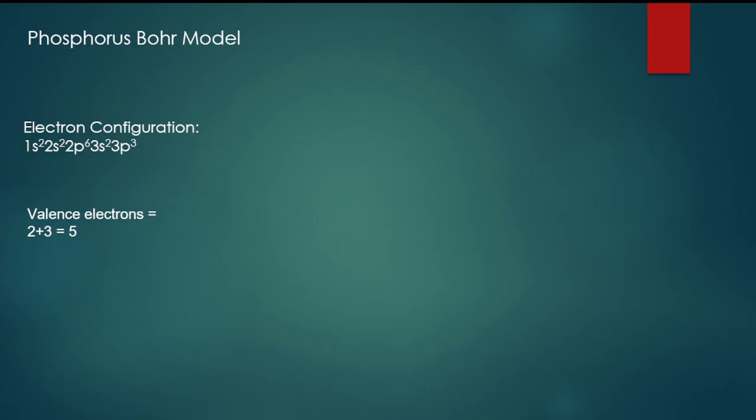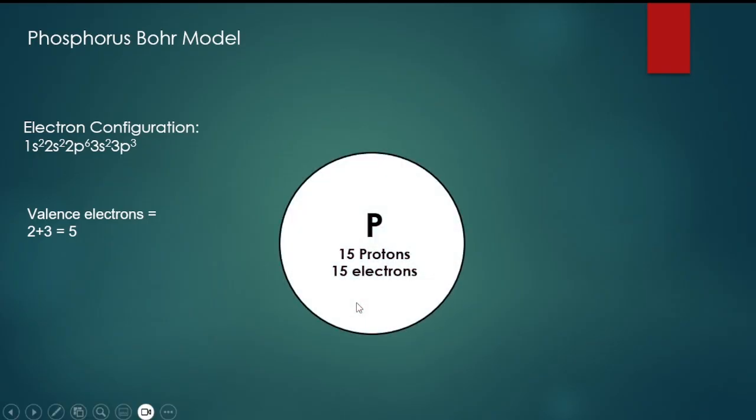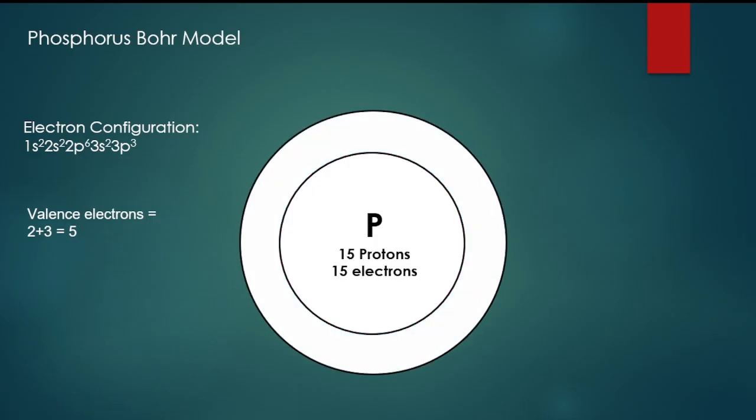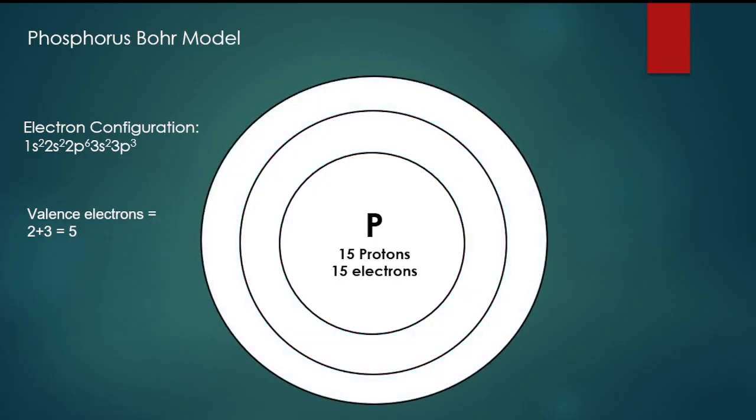That's how many shells we have. So we're going to draw the nucleus, 1 circle for the first energy level, another for the second, and a third for the third. That's the 3 shells, okay? There are our 3 shells. Now we're going to use our electron configuration to fill in our electrons.